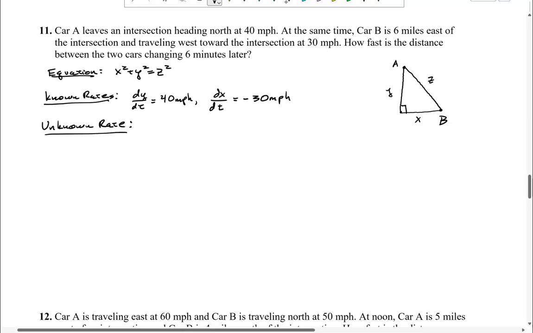Now the unknown rate is going to be the rate of change in the distance between the cars, dz/dt, with respect to time. And they want this 6 minutes later. Well, 6 minutes is 1/10 of an hour.